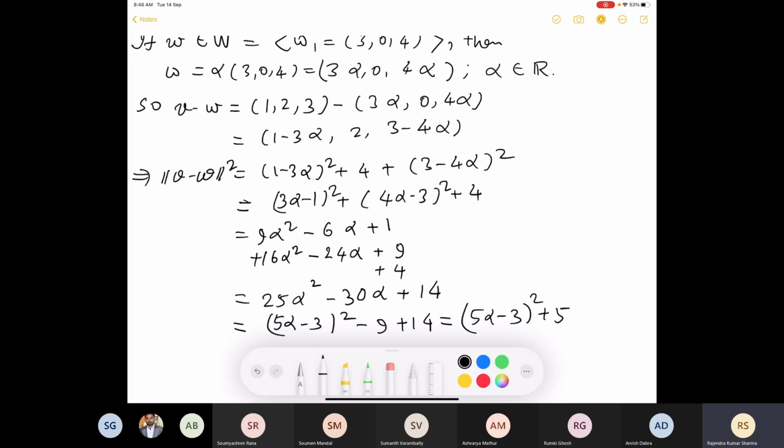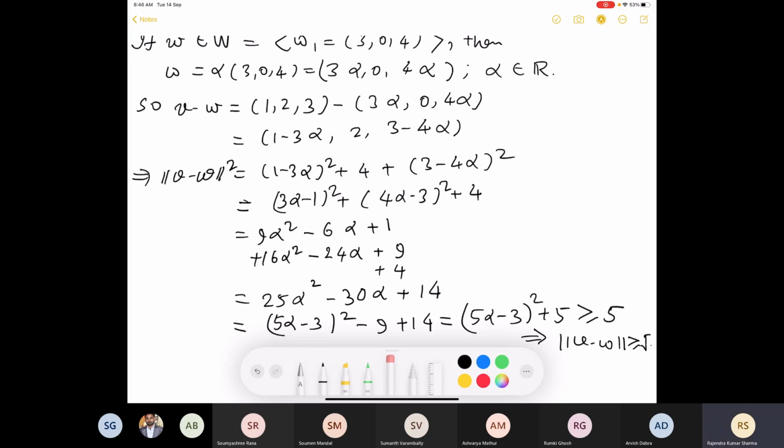Now, by all means, this is greater or equal to 5, because at most the square term could be 0. So norm of V minus W square is always greater or equal to 5, which makes norm of V minus W always greater or equal to square root 5.